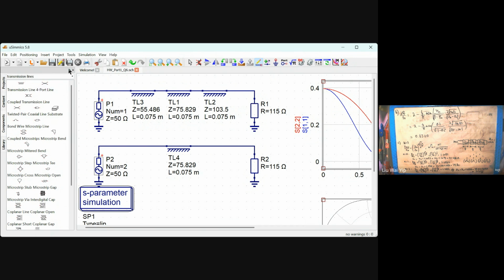And if you do a simulation, they are all quarter wave. The wavelength is a quarter lambda. So if you do a simulation surrounding the resonant frequency, this is what you are going to get.